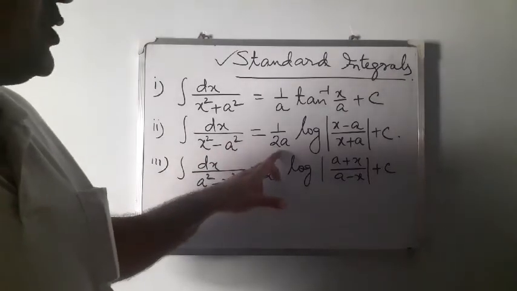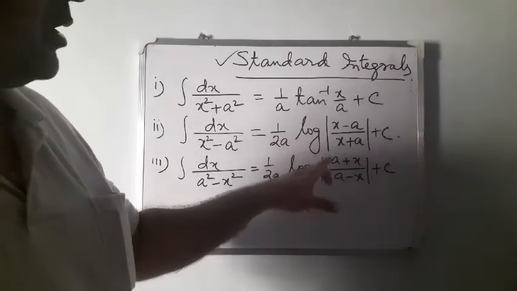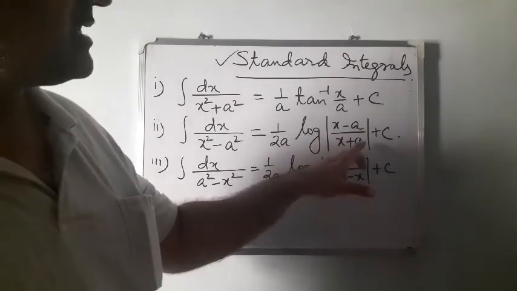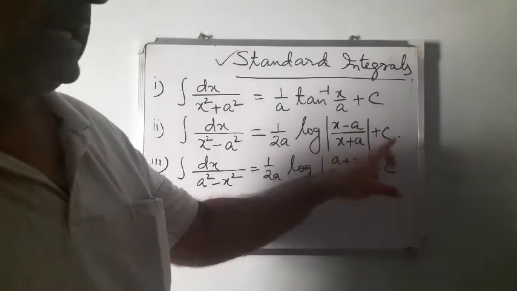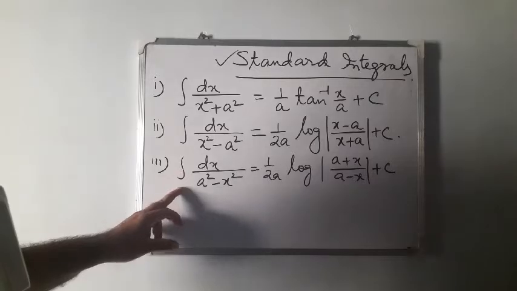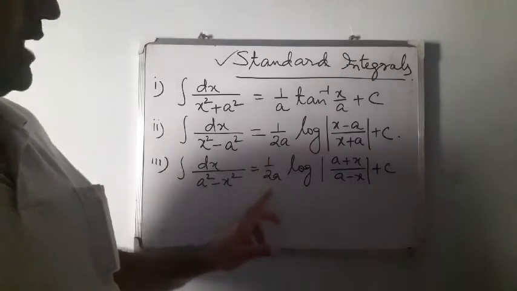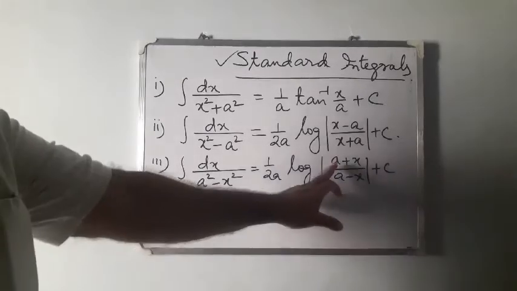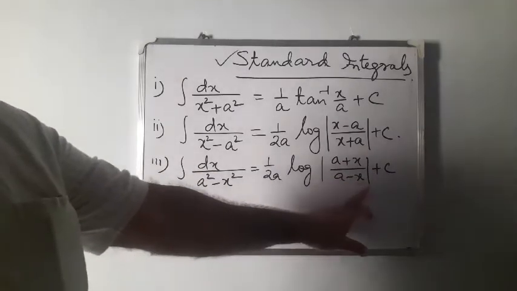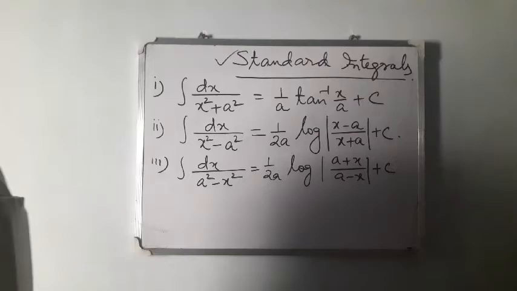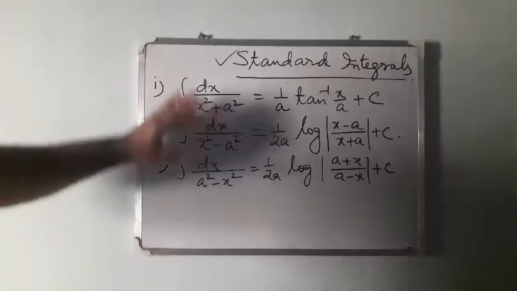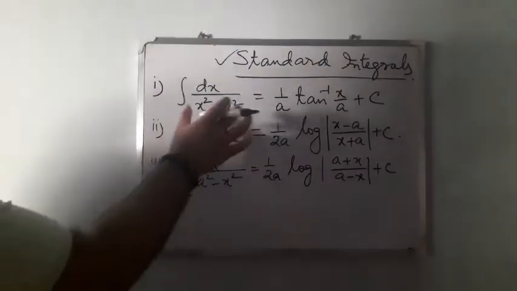It is 1 by 2a log mod (x minus a by x plus a) plus c. Then integral dx by a square minus x square is equal to 1 by 2a log mod (a plus x by a minus x) plus c. Now we have three formulae without radical sign.